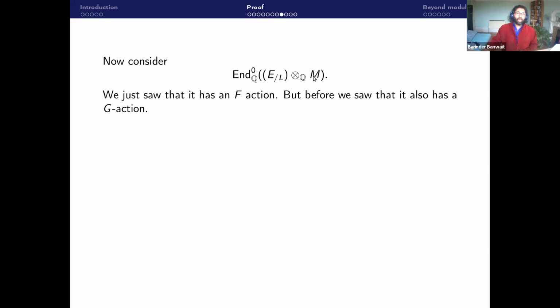So M itself is a G module, and G acts on E over L. That's just the Galois action on the points of an elliptic curve, and so therefore it will act diagonally on each of the elementary symmetric tensors, and so it will then act on this twisted space.